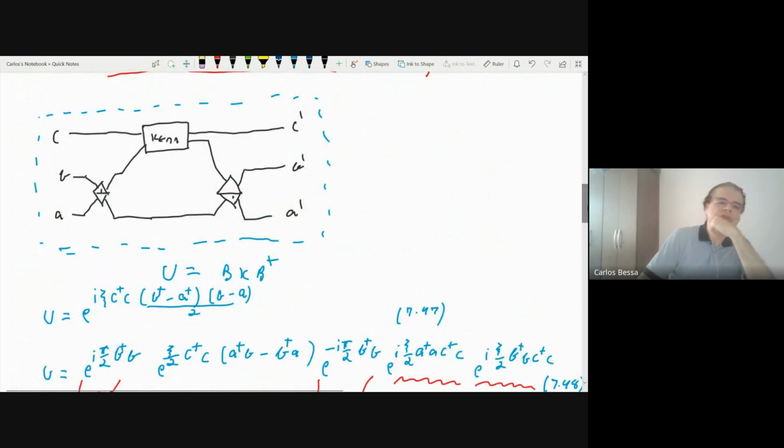If no photon is coming in this wire here, in the mode C, this term works like the identity, it's like the nonlinearity is not activated, and nothing happens with the A and B modes. It will always be the same. Okay, and you can prove the other combinations, but more interesting is when we have a photon coming here, and we'll see what's happening.